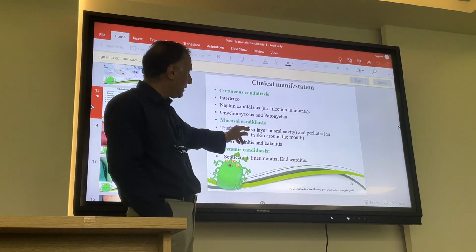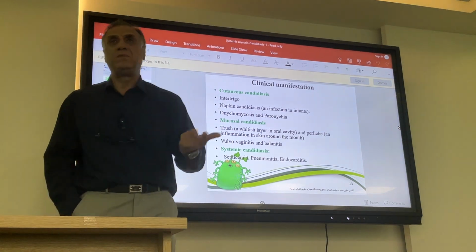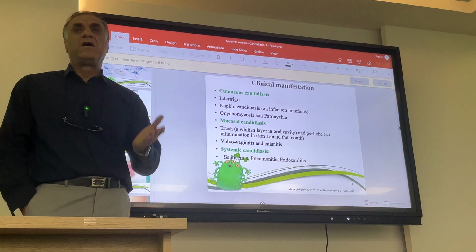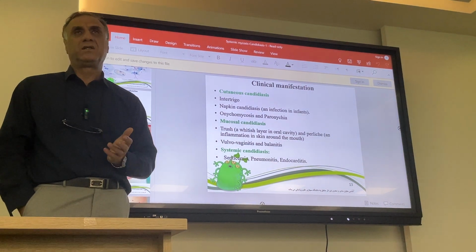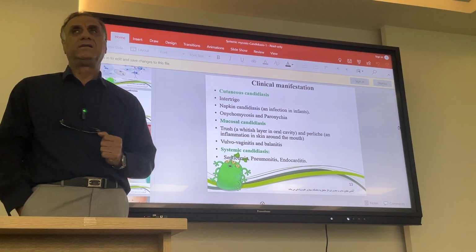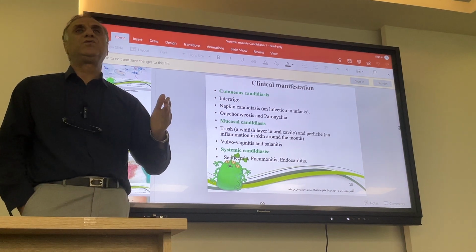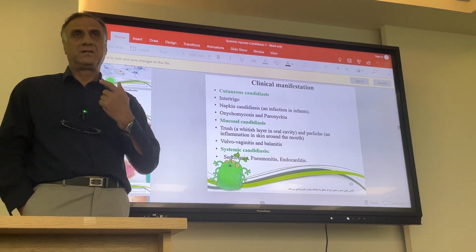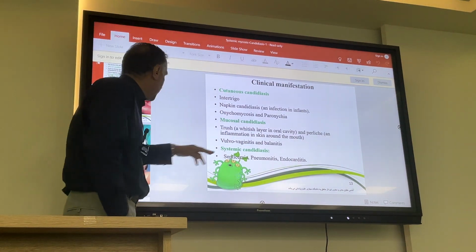Thrush is a whitish layer, usually in the oral cavity, in babies, in some adults with vitamin A deficiency, with HIV, with AIDS, with persons who use dentures, artificial teeth. It leads to mucosal candidiasis.